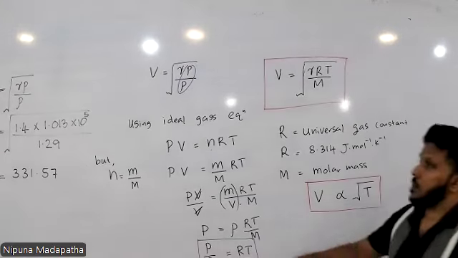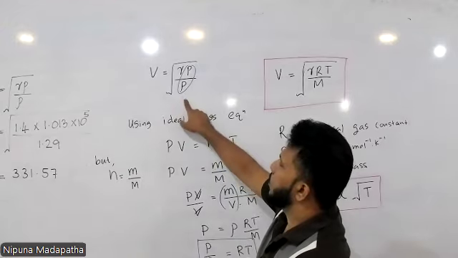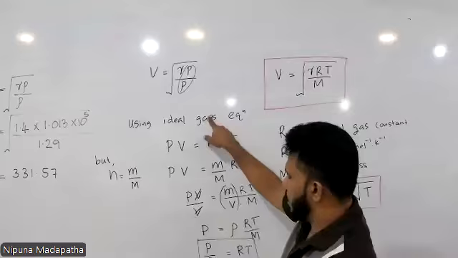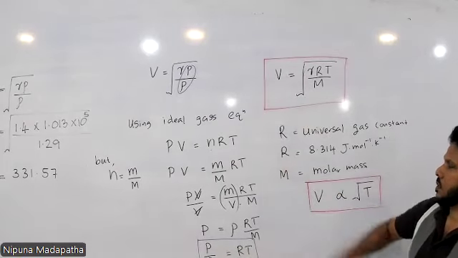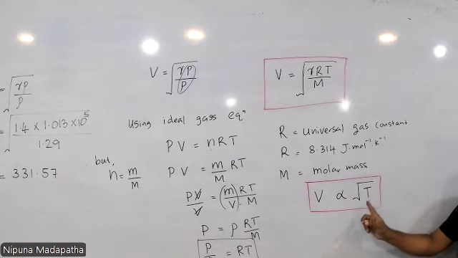Right. So you can start from here. V equals square root of gamma RT over M, right? Using the ideal gas equation. Come up to here. Then get the expression.